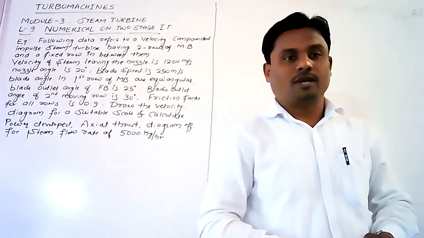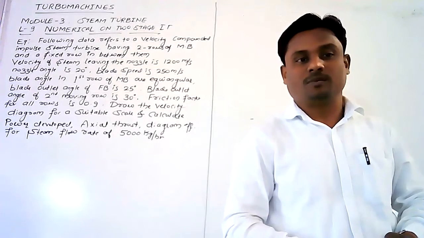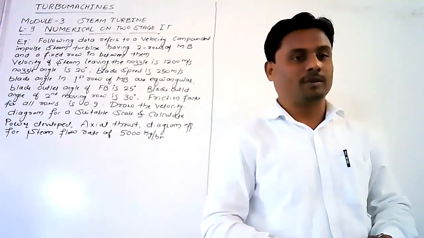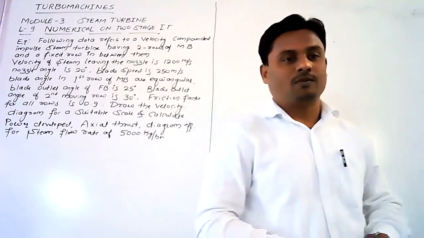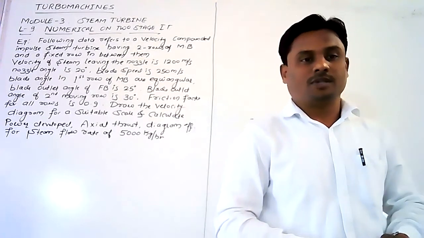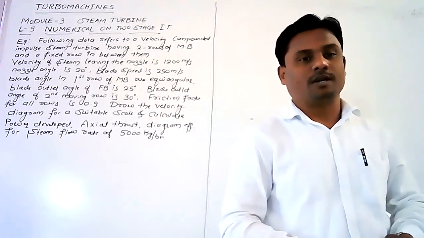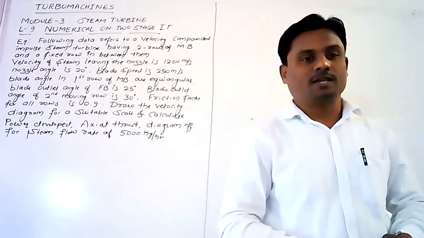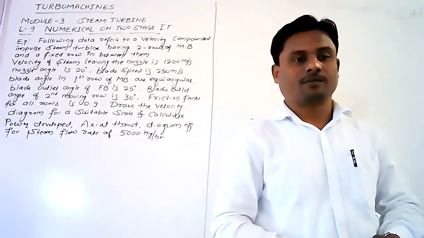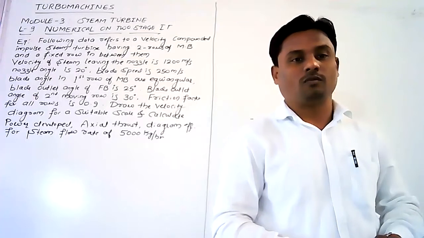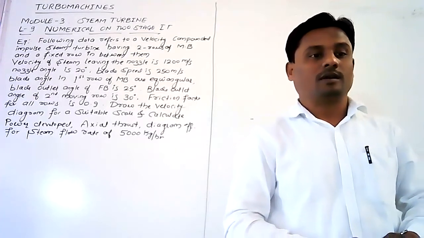Following data refers to a velocity compounded impulse steam turbine having two rows of moving blade and a fixed row in between them. The velocity of steam leaving the nozzle is 1200 meter per second. Nozzle angle is 20 degrees. Blade speed is 250 meter per second. Blade angle in first row of moving blade are equiangular.